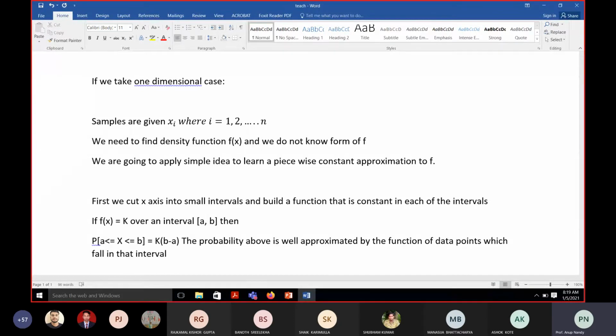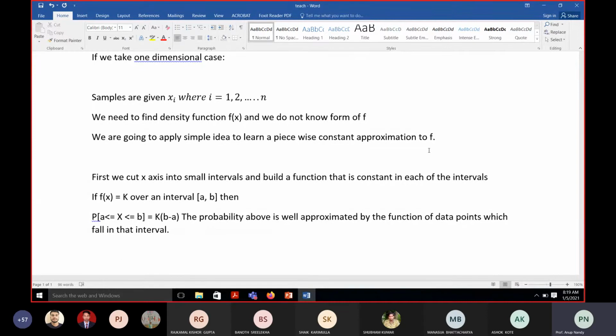So now we can approximate f by the histogram of data. Actually it is a histogram. These are the ways that people are using.